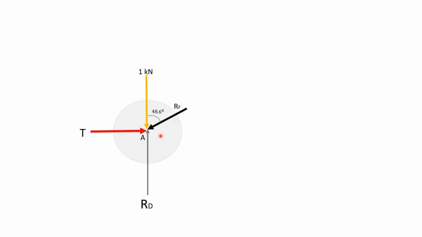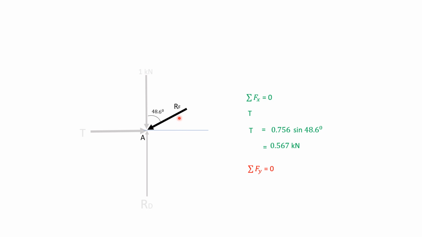Applying equilibrium conditions, that is summation Fx equals 0 and summation Fy equals 0. In this case, we cannot apply Lami's theorem because here four forces are there. Resolving forces horizontally, this force T is directed towards the positive x-axis, so plus T, and resolving RF horizontally, it will be RF sin 48.6. Equating to 0, we get the T value.